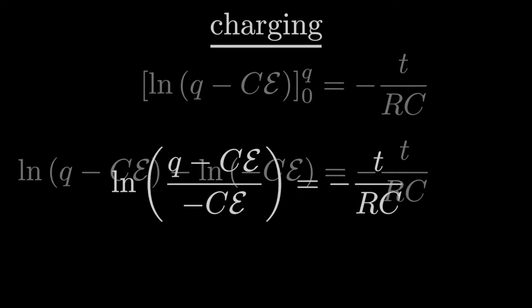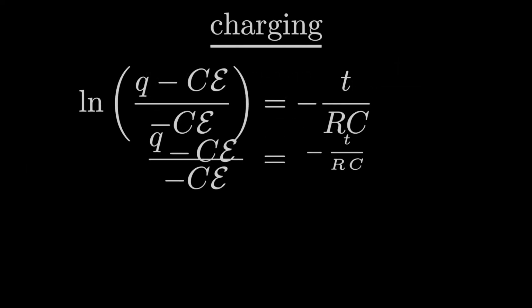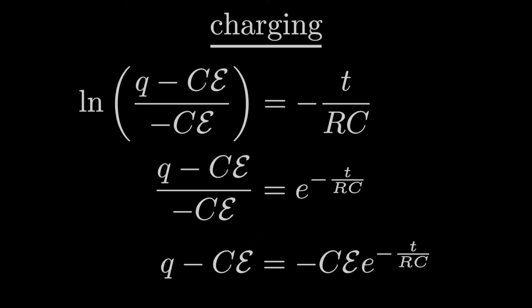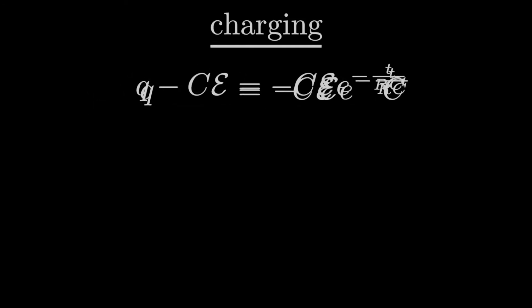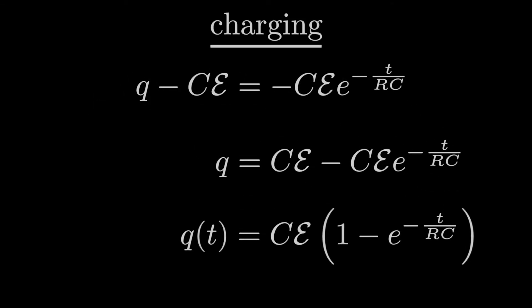We're almost there. Remember, we're trying to solve for q here. So now we take the exponential of both sides to remove the logarithm on the left, and then we multiply by negative C times the EMF. Now we just add C times the EMF on both sides and factor it out, and that completes the derivation.